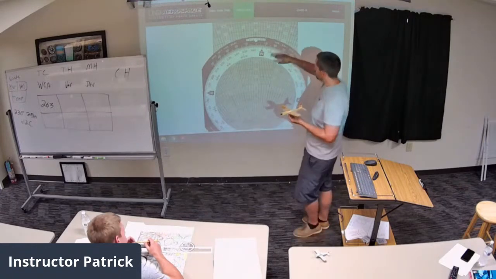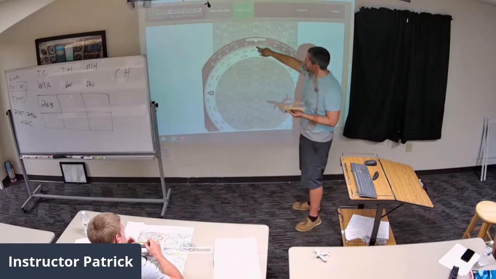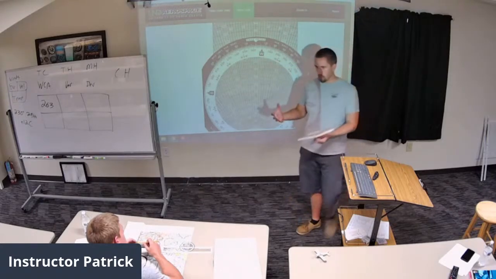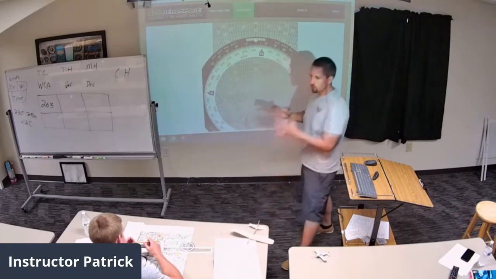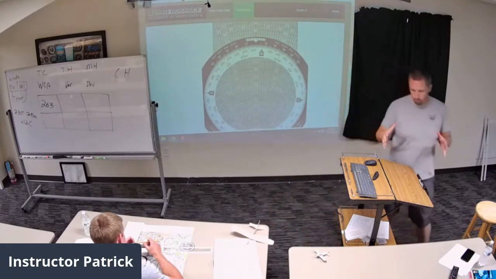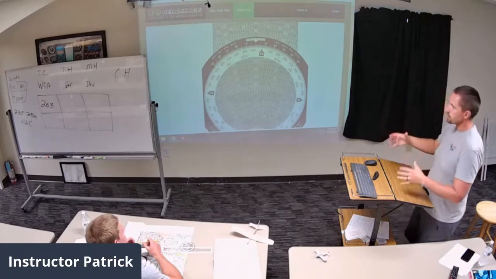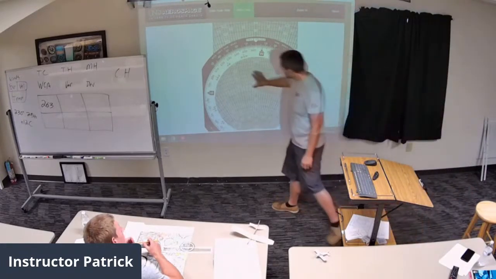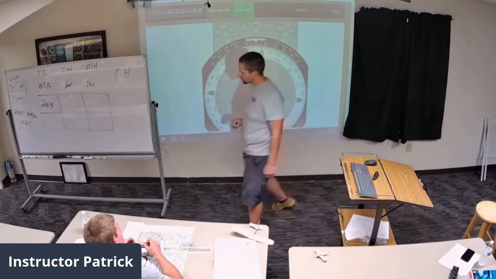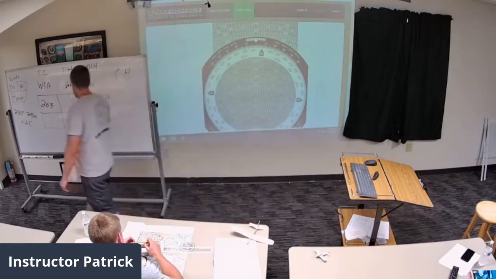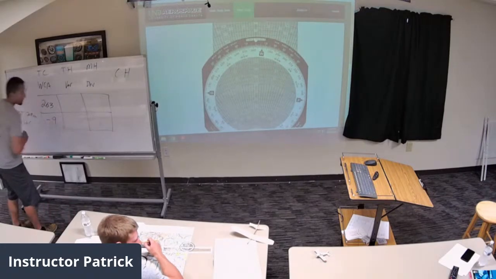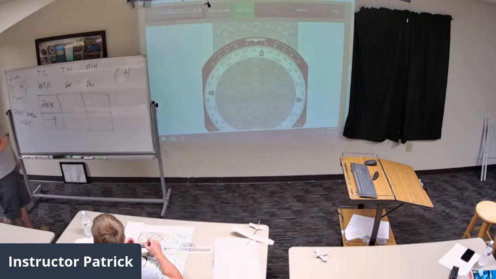So 263 was our heading, and we're going to subtract 9 degrees. That's going to be our new course for the wind. So our wind correction angle is minus 9.